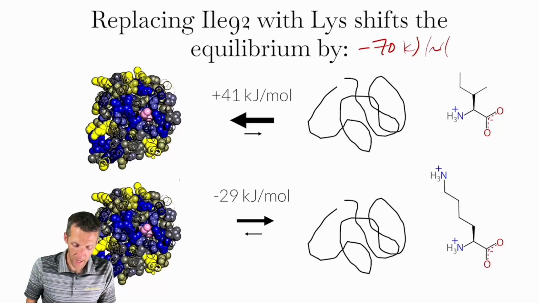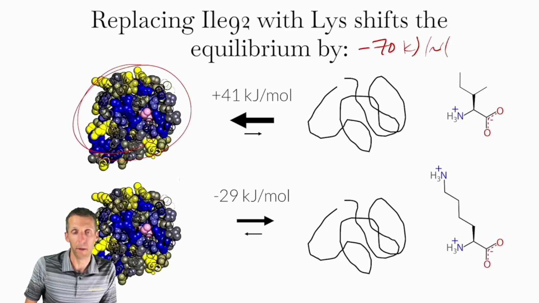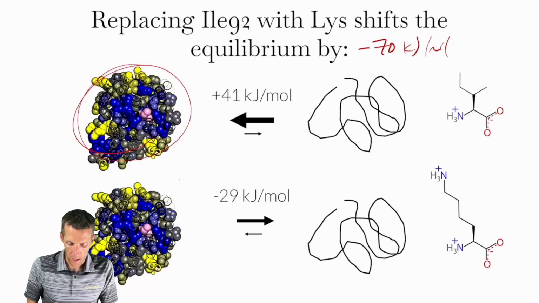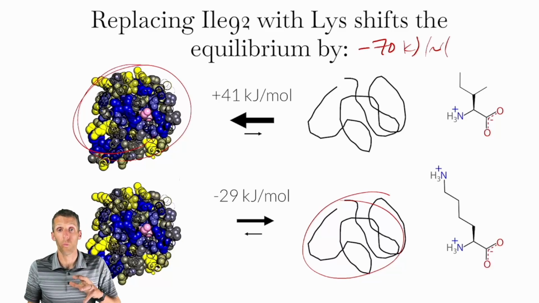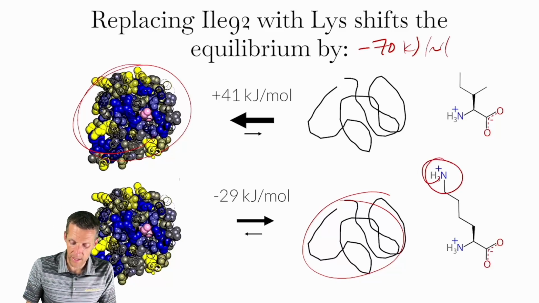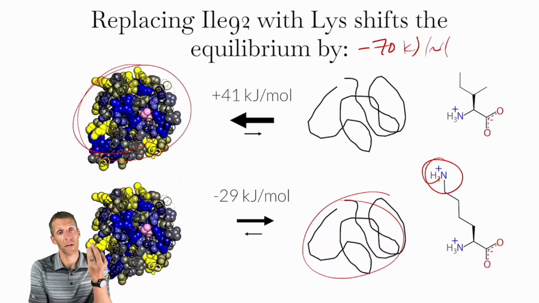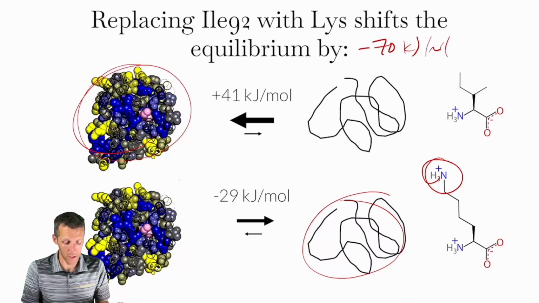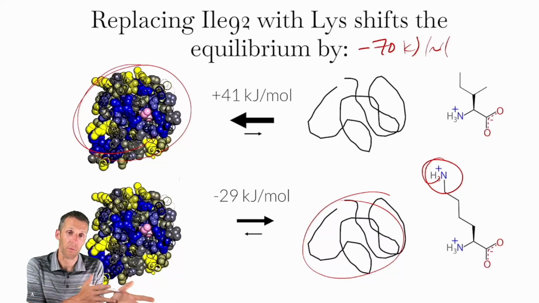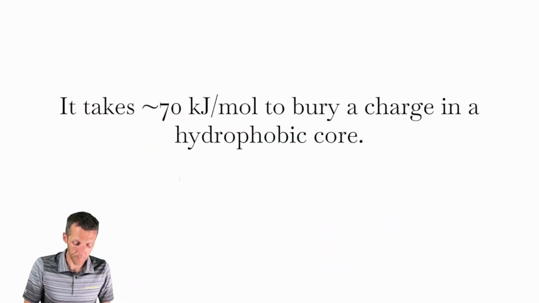It's basically taking the equilibrium from the initial system, favoring this form by plus 41 kilojoules per mole, to now favoring this form by minus 29 kilojoules per mole. So this one amino acid change, the addition of an NH3 plus, had a massive shift in the overall population of the system, going from preferring folded to preferring unfolded.